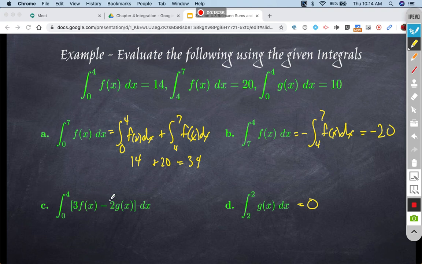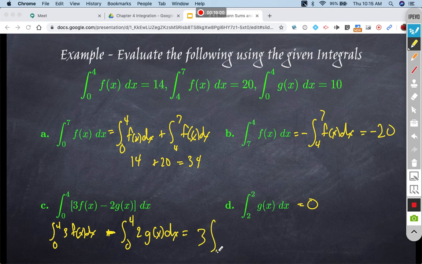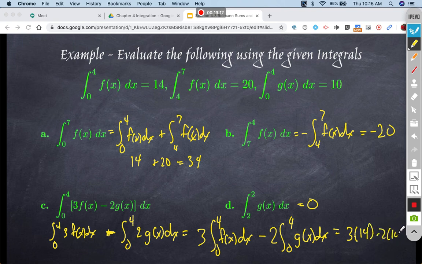This last one here, you can say this is the integral from 0 to 4 of 3f of x dx minus the integral from 0 to 4 of 2g of x dx, which is going to be 3 times the integral from 0 to 4 of f of x dx minus 2 times the integral from 0 to 4 of g of x dx, which is 3 times 14 minus 2 times 10. This is going to be 42 minus 20 is 22.